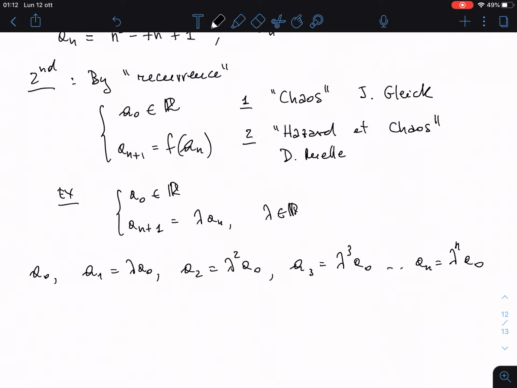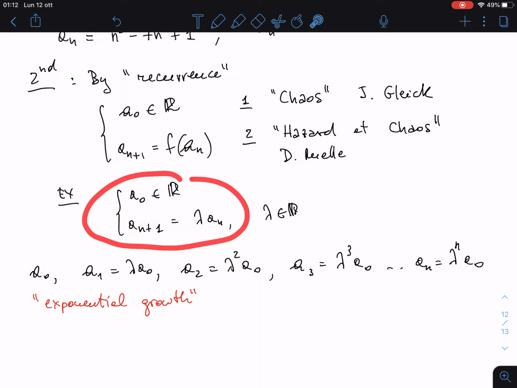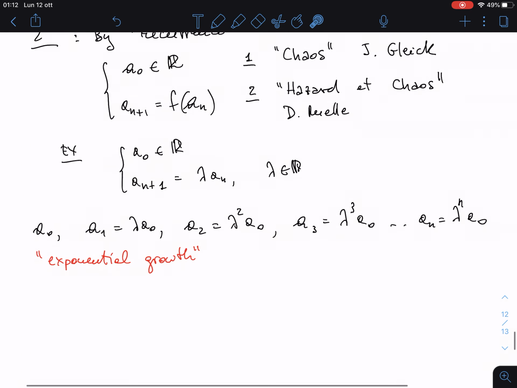This is an example of exponential growth. That is exactly what is worrying us now about the spreading of the second wave of the COVID pandemic. The process can be described by a simple mathematical object like that.